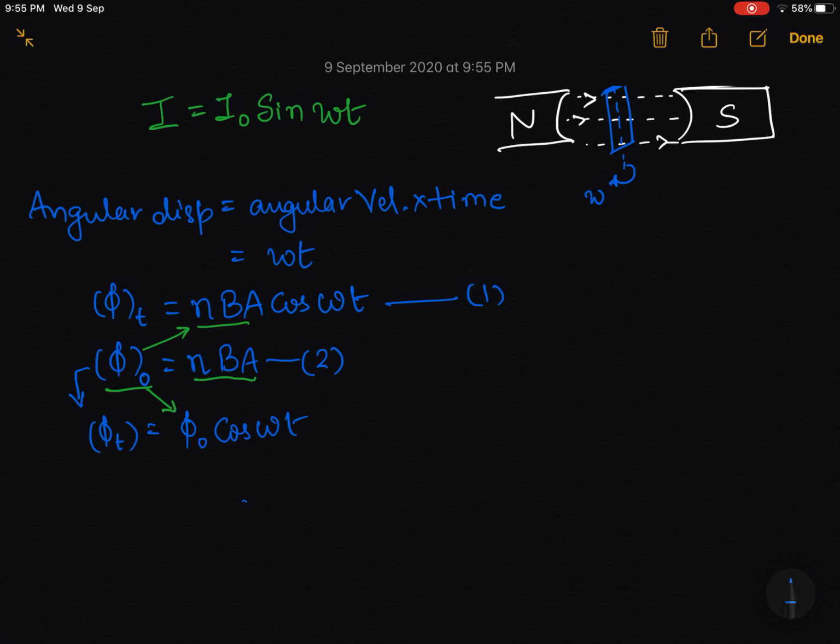So now what we are trying to do is recall Faraday's law of electromagnetic induction. What does Faraday's law of electromagnetic induction have to say? Faraday's law says that E is equal to the negative of the flux gradient, d phi upon dt, which is equal to minus of d upon dt of NBA cos omega t.